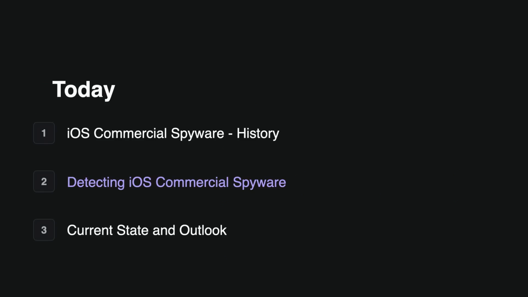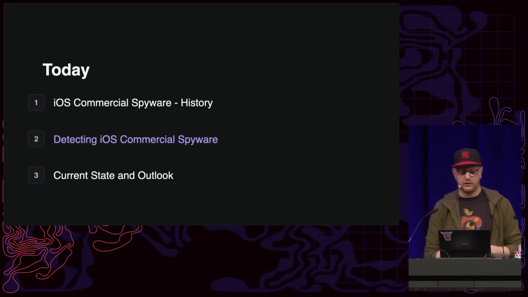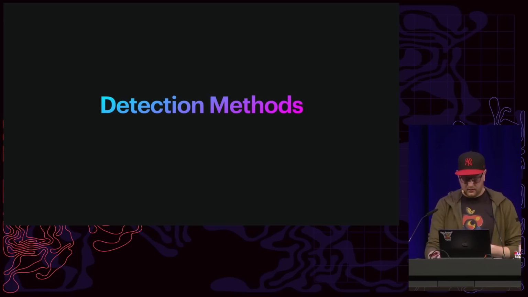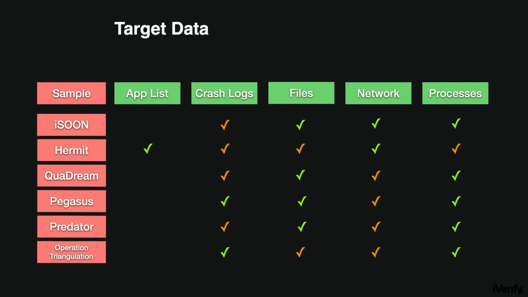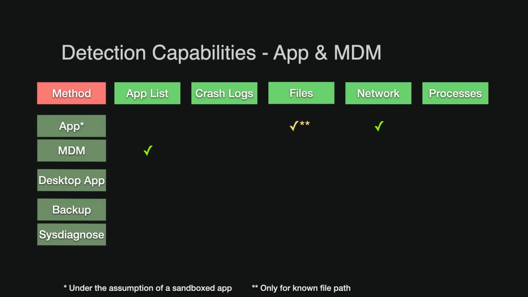Okay, let's talk about how this commercial spyware was actually detected. Once again, this is the target data that we want to look at. Let's start with what you can do with an iOS app that is running on a device. Frankly, you can't do anything at all.